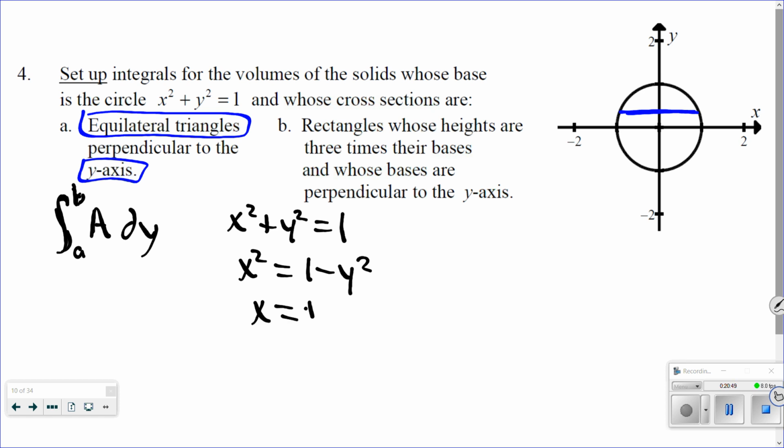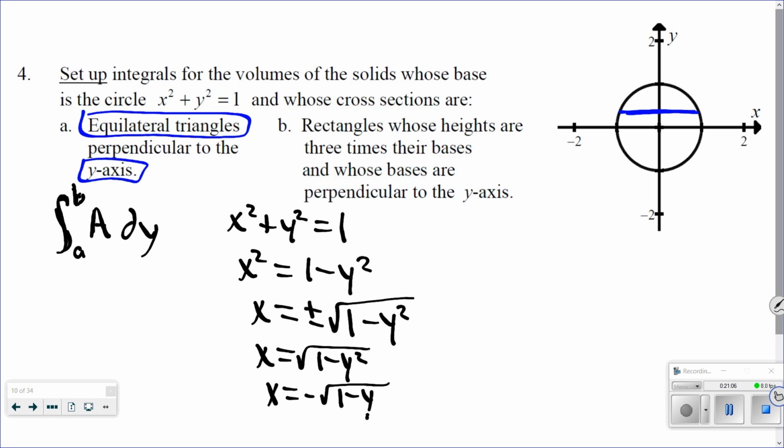When I do, I end up with plus or minus the square root of 1 minus y squared. So I actually have two different equations. I have x equals the square root of 1 minus y squared, and x equals the negative square root of 1 minus y squared.